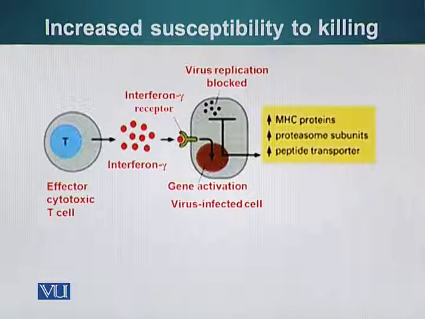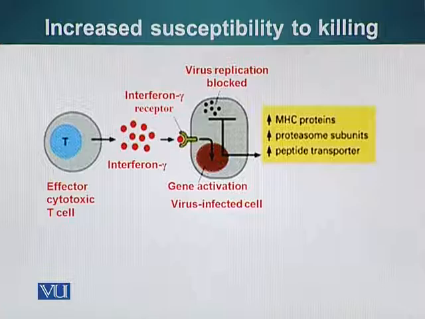Also, effector cytotoxic T cells can release different signaling molecules. Interferon gamma, for example, once it is released, causes the cells present around the infected cells to adopt a strategy that will prevent or block the virus or the intracellular pathogen from infecting them.